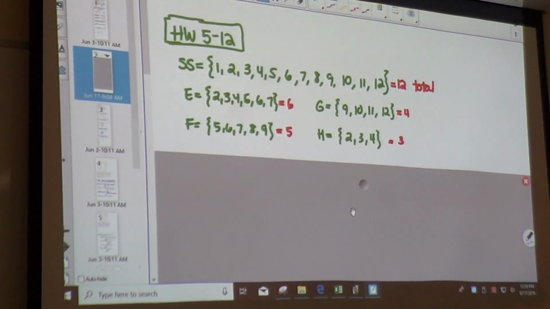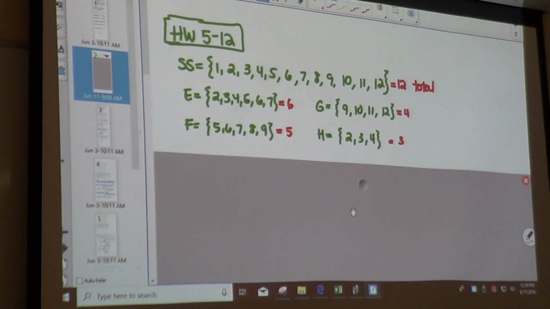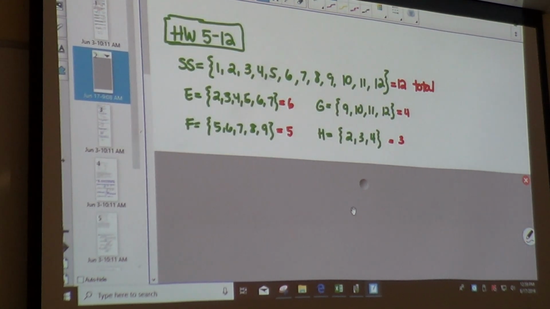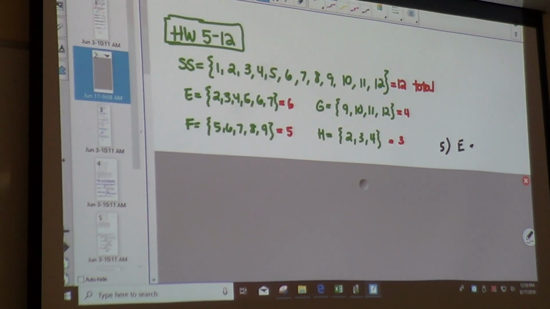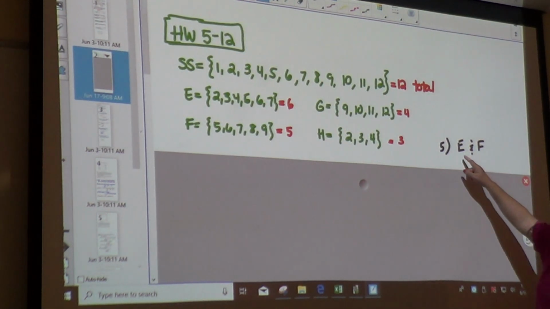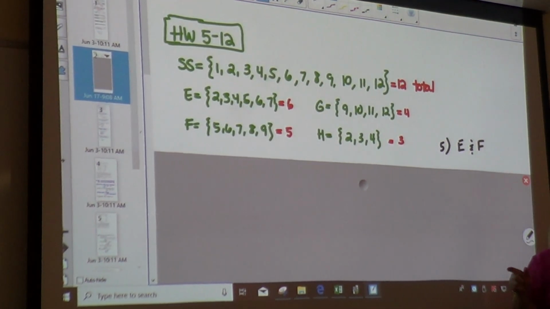Now, number 5 says they want me to find E and F. I'm gonna put it over here so you can't see my answer. So I'm happy if it's in E and it must be in F. So it's gotta be on Ella's wish list and on Frank's wish list, and it's gotta make both of them happy.